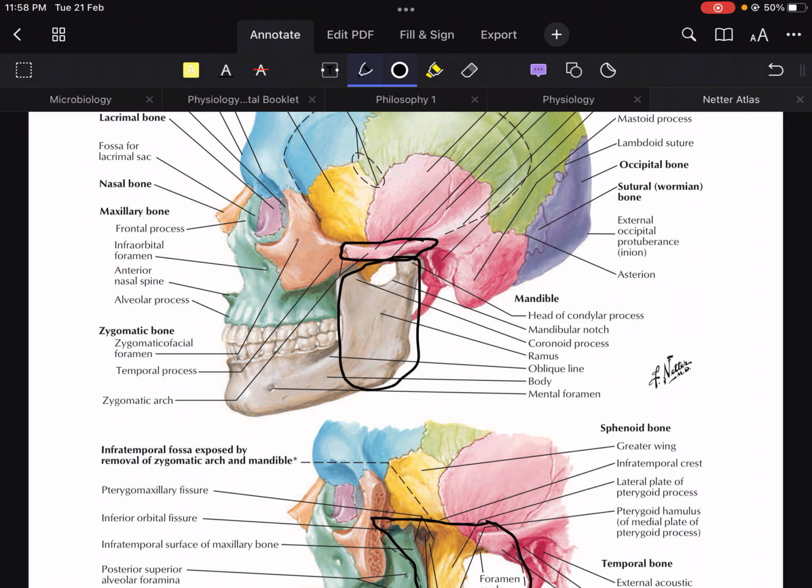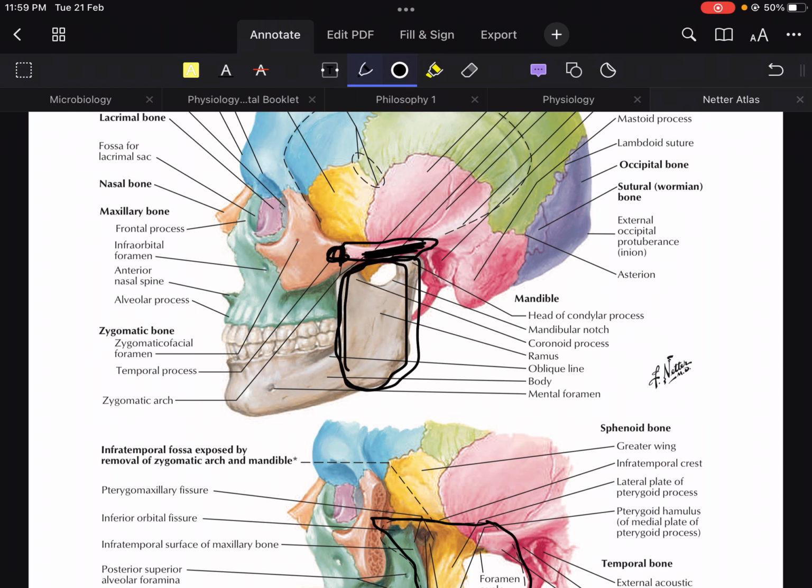What is the zygomatic arch? Two bones make this zygomatic arch: the part of the temporal bone and also the beginning part of the zygomatic bone. We have to remove it, and also we have to remove the mandible.